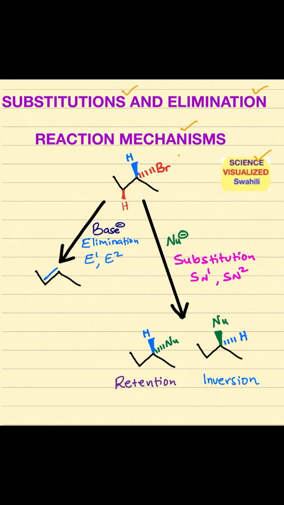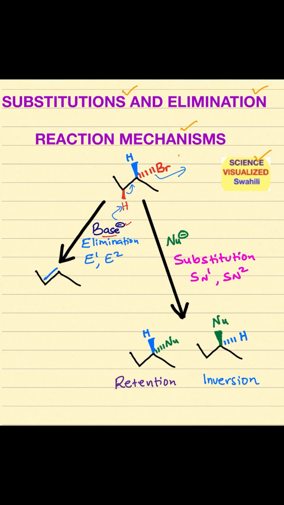On the other hand, you could have the nucleophile actually react as a base. So that means it has a lone pair of electrons or a minus charge. Then that minus charge will attack the proton and pull out a proton from the alkyl halide, and then at the same time the electrons that were used for bonding will flow to form a double bond, and then you end up losing the leaving group, in this case a bromine.